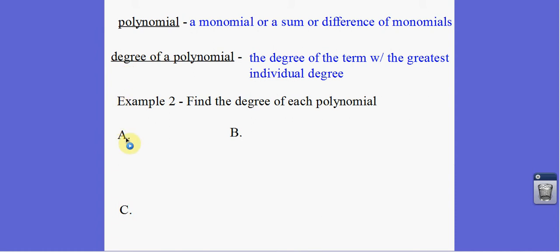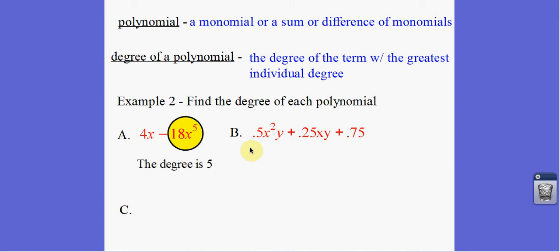Let's look at some examples here. Let's say we have the polynomial 4x minus 18x to the fifth. Well, 4x and negative 18x to the fifth, those are our two terms in our polynomial. We can see that the terms are separated by a subtraction sign. If I wanted to find the degree, I would have to find the term with the greatest degree, which is negative 18x to the fifth. And the degree of that term is 5. So my entire polynomial has a degree of 5.